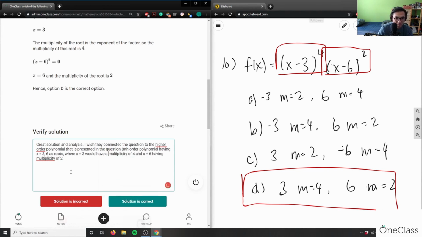I think I misspelled multiplicity. Yeah, multiplicity. There we go. Great solution to the answer. This solution here is correct.